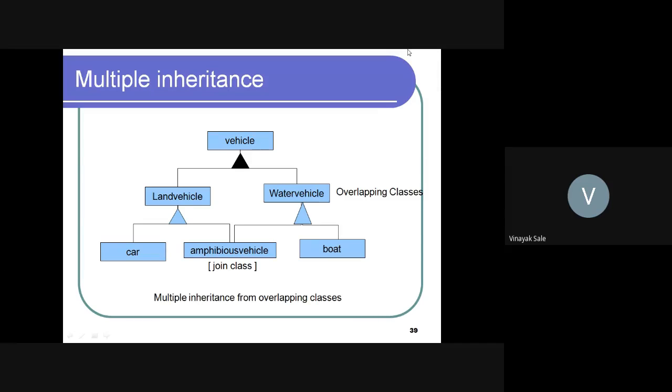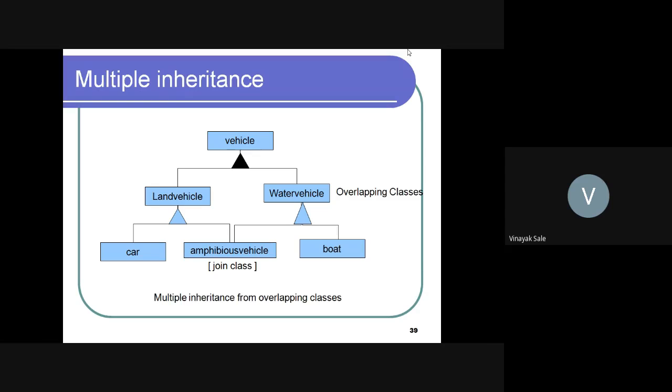Suppose the example given is a vehicle. Vehicle has two types: land vehicle and water vehicle. Again, land vehicle has two types: car and amphibious vehicle.